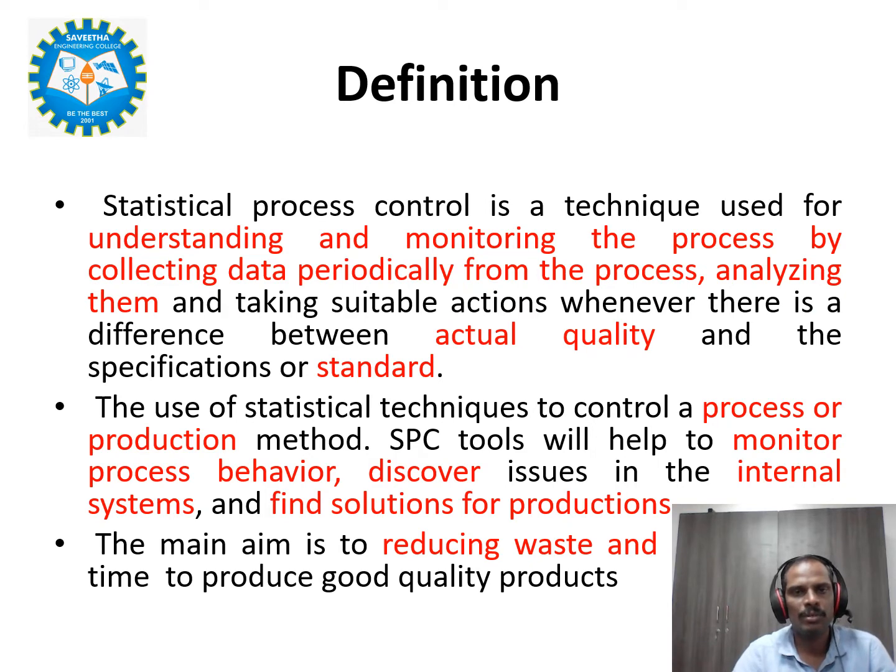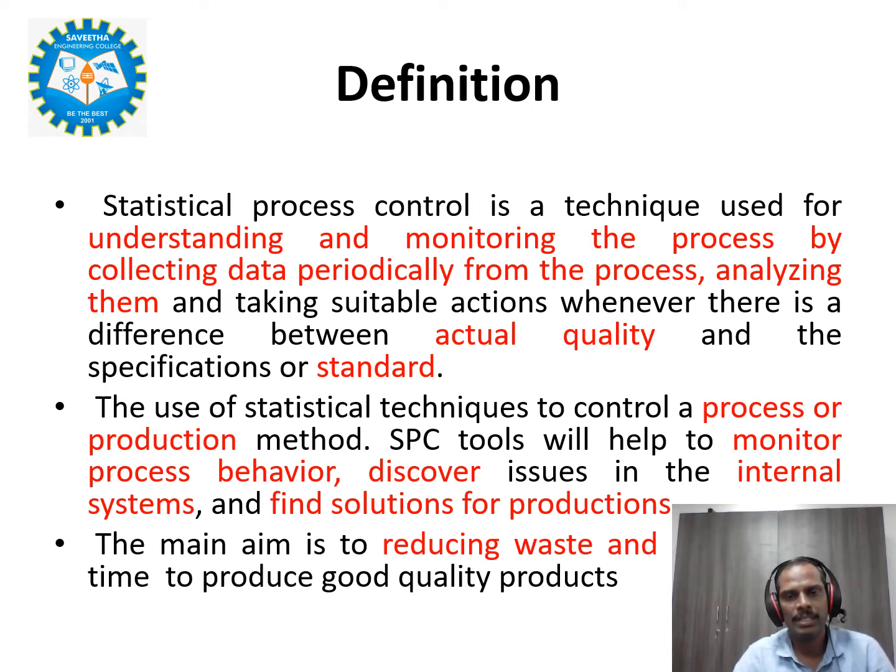First of all, you should know what is meant by statistical process control techniques. It is useful for understanding and monitoring the process by collecting data periodically from the process, analyzing it, and taking suitable actions whenever there is a need, to maintain the quality as well as the required specification standards.